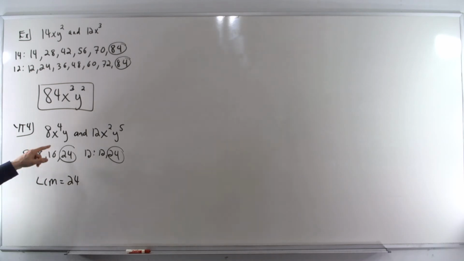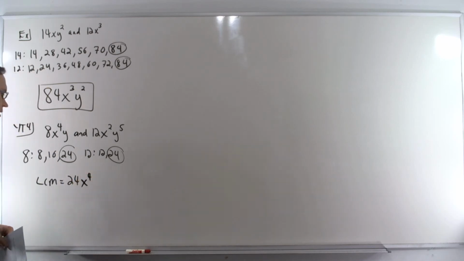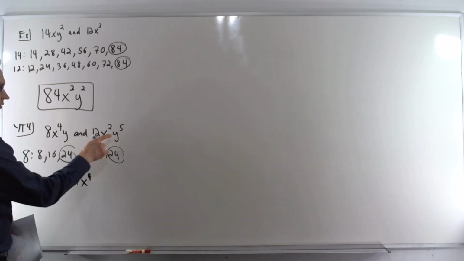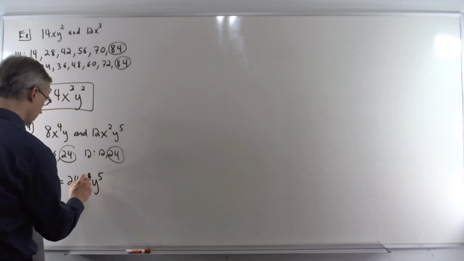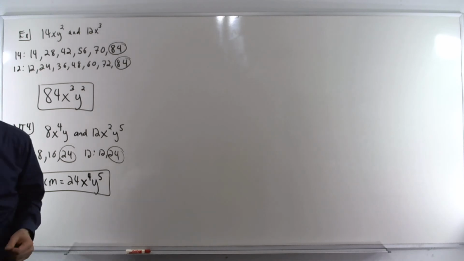Now for the variable parts, comparing the like bases, x to the fourth and x squared, x to the fourth is the bigger power. And out of the y's, we have y to the first and y to the fifth, so y to the fifth, larger exponent. 24, x to the fourth power, y to the fifth.